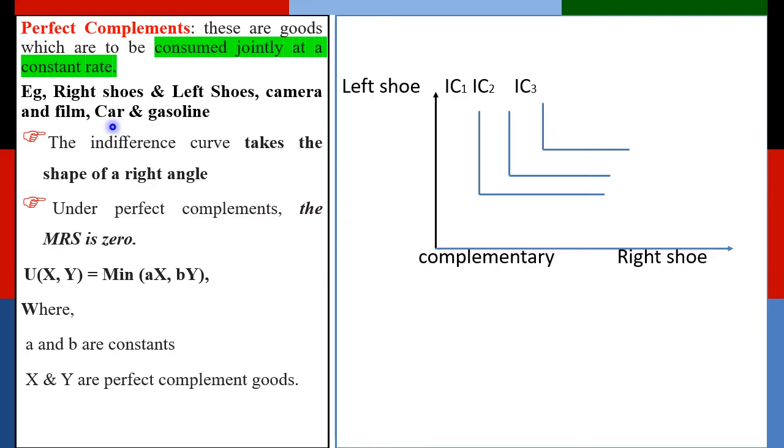Therefore, there is no other product that substitutes the oil. This is what we mean by the marginal rate of substitution. Mathematically, we can express it just like this. This is an example of some important points for perfect complements.